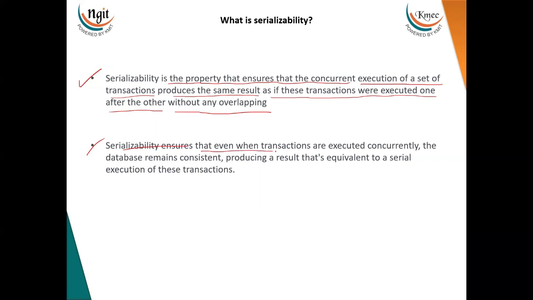Serializability ensures that even when transactions are executed concurrently, the database remains consistent, producing a result that is equivalent to a serial execution of these transactions. So serializability is a property which ensures the execution of multiple transactions at the same time, and when these transactions are executed, it produces the same result as we obtain when the transactions are executed one after the other. So that is about serializability.